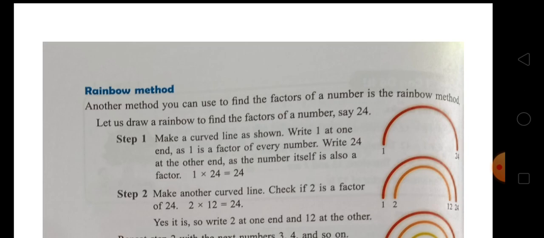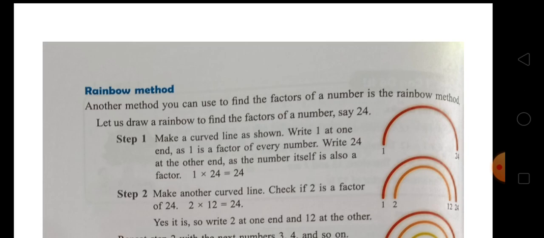Now how can we find factors? Finding factors using multiplication, using division, and the rainbow method. When using multiplication, you can use multiplication to find the factors of a number. Firstly, you can express 18 as a product of two factors.